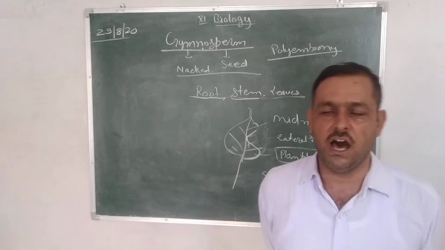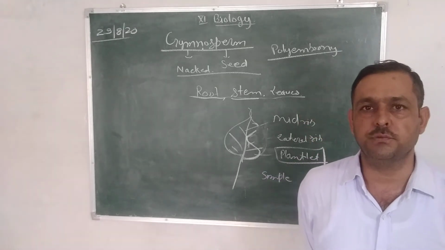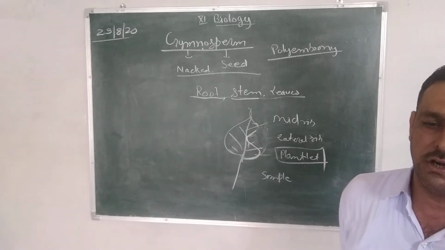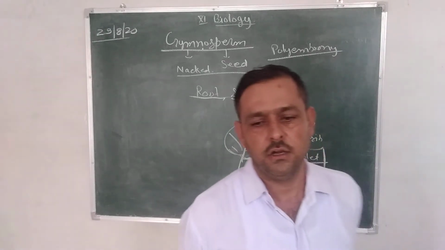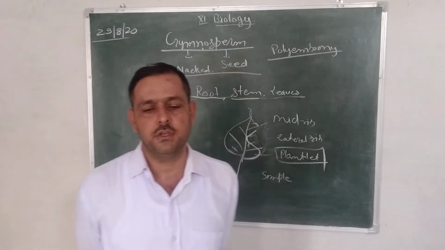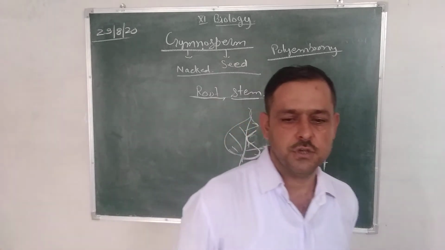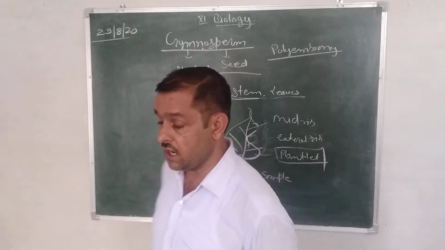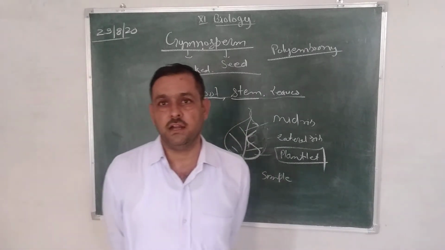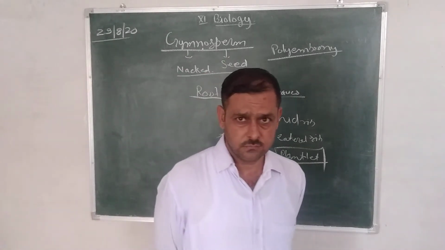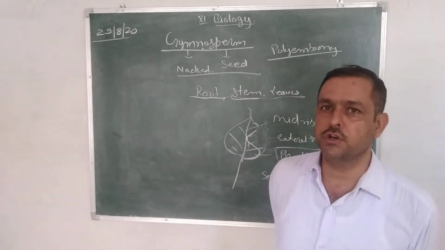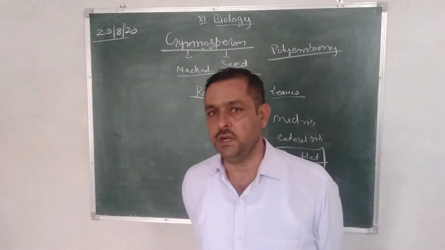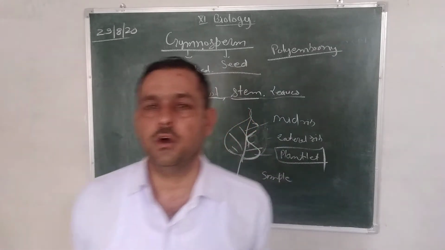Ovules are formed, and big ovules are found in gymnosperm. Ovules are transformed into seeds. Seeds contain many cotyledons, which on germination give rise to a diploid plant. And endosperm is made. Endosperm is the tissue which provides nutrients to the embryo, and it is formed before fertilization in gymnosperm.